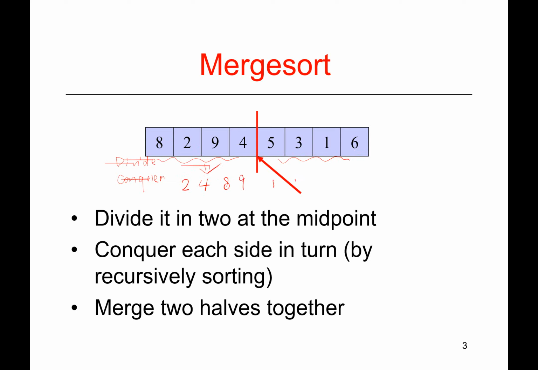We also want to see the sorted results from the right part. So you have a sorted list in the left part and a sorted list in the right part. Then once we combine or merge these two results, we get what we want, right? You merge these two sorted lists.